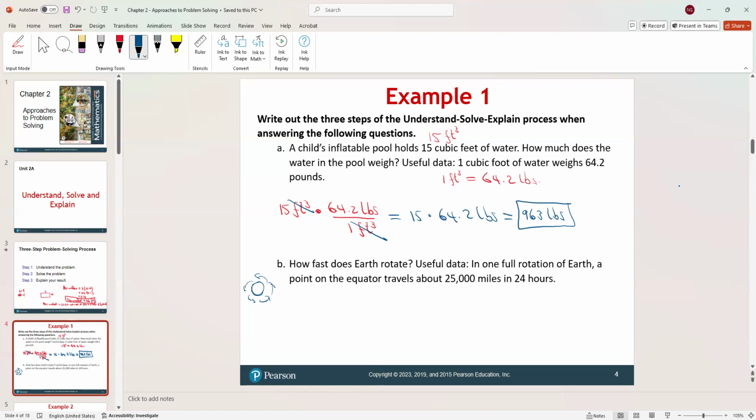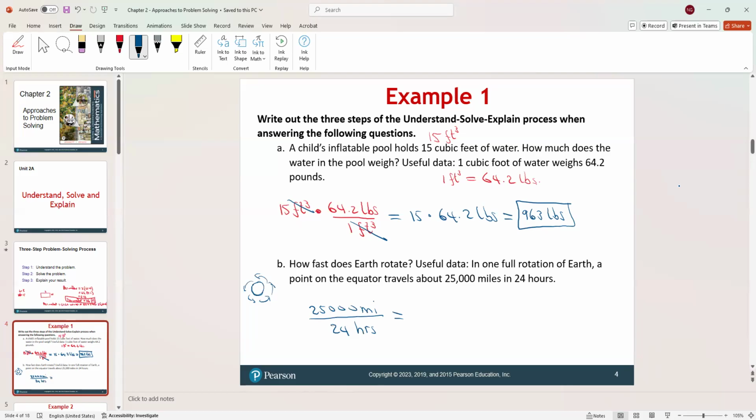But you know what? For these questions, all we need to remember is 25,000 miles in 24 hours. But how fast does it rotate? I would say per hour.